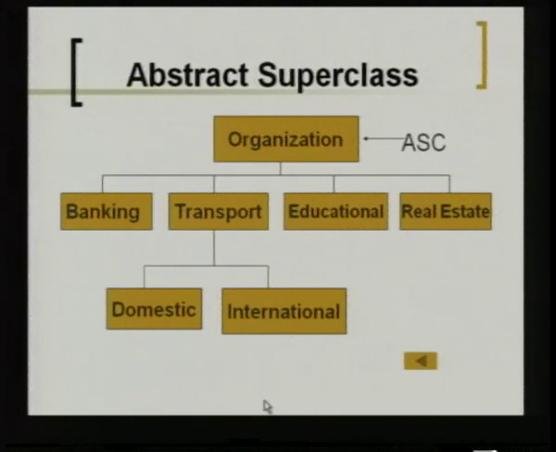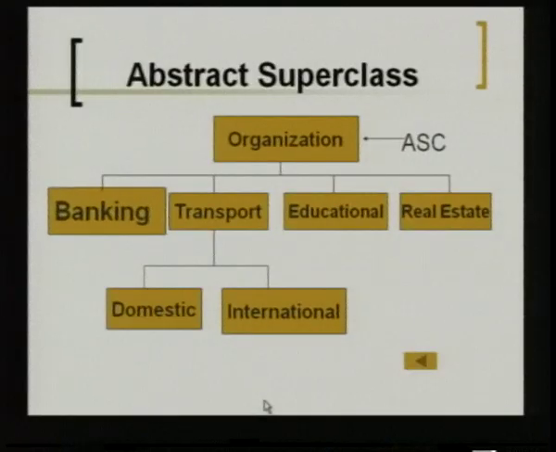This is because when you say simply organization, it does not give you any idea of anything. It does not even say whether it is a commercial or non-commercial organization. An organization means a group of people working for some output, working towards some achievement, that is all. It does not tell you what type of organization it is, where it is, how many people are working, or what work is to be done in the organization.